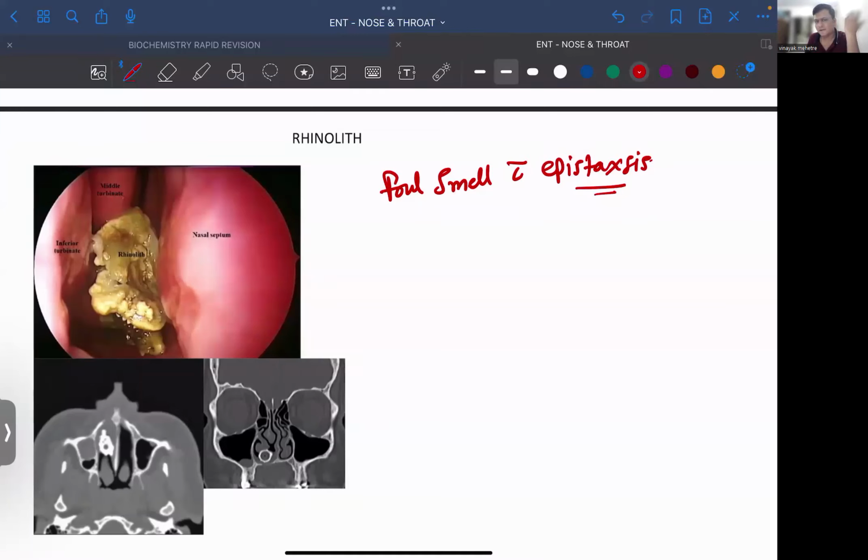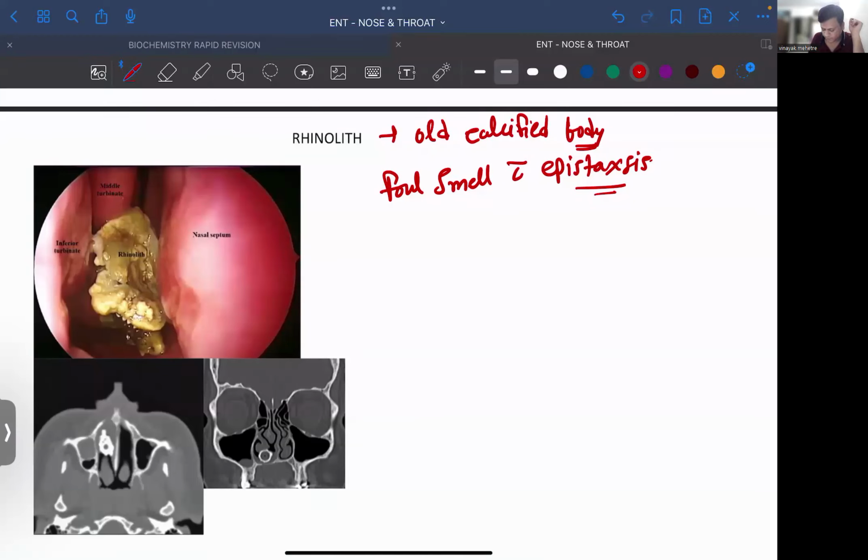What is the meaning of rhinolith? Anyone? It means old calcified body. Old calcified body. Okay, understood? Foul smell, young female, answer is atrophic rhinitis. Foul smell with bleeding, answer will be rhinolith.